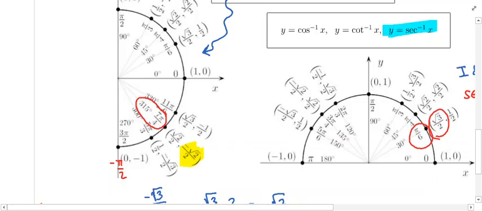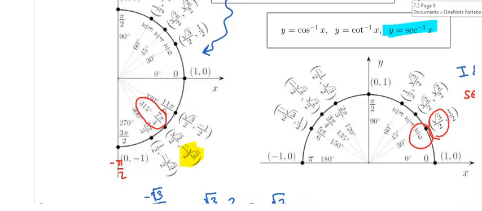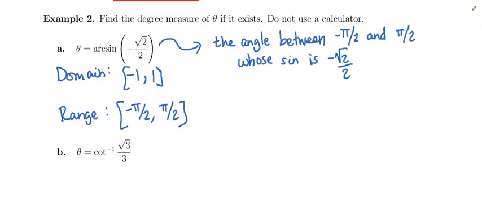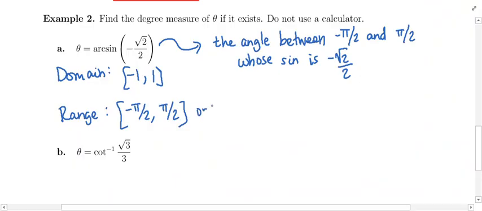There we go. We need to state it in degrees, so that would be 315 degrees. However, you've got to make sure that the angle you spit out is in the correct range. The range here is written in radian form. So if you convert this to degrees, the range is going to be negative 90 degrees to positive 90 degrees.